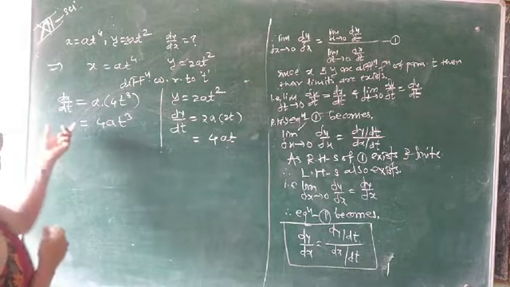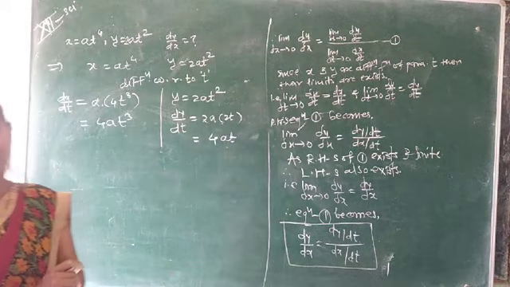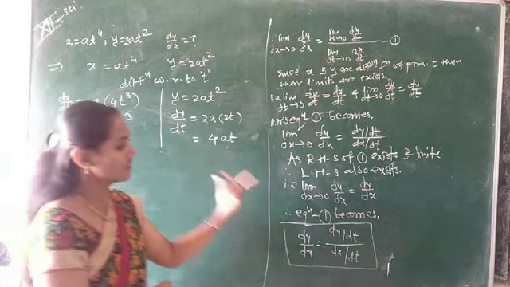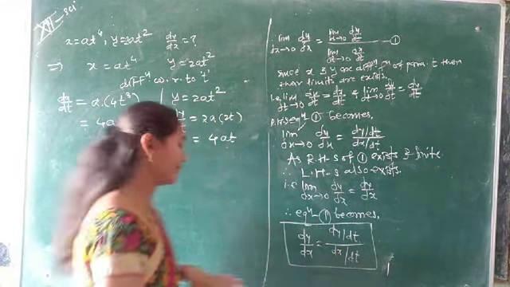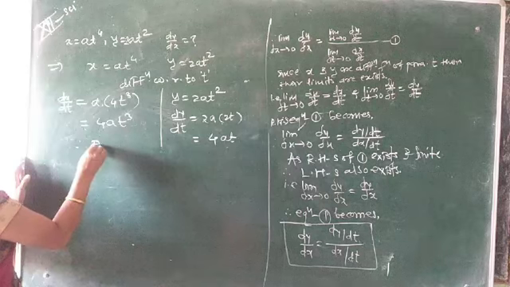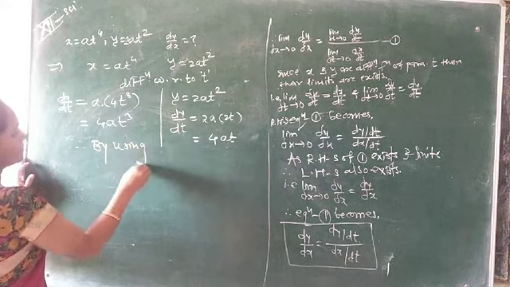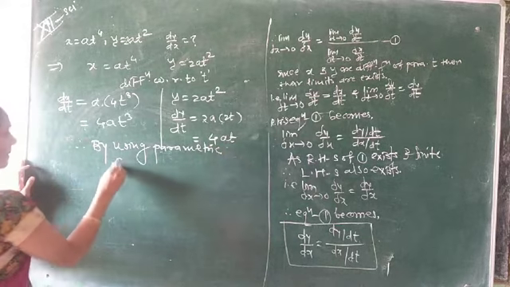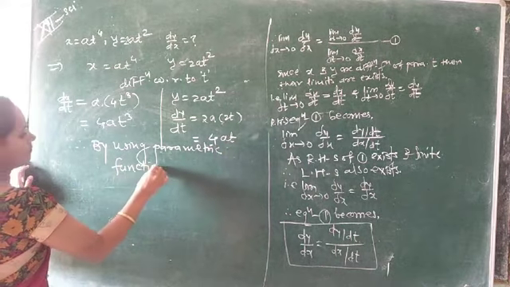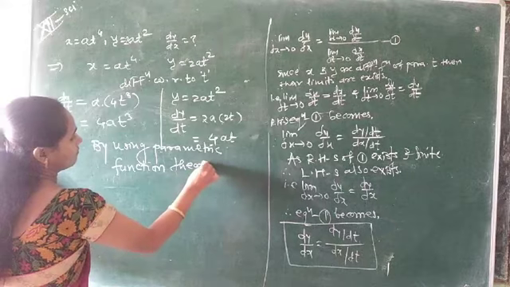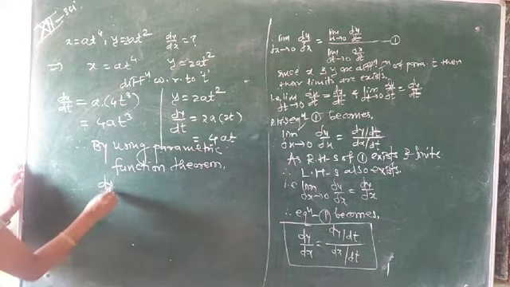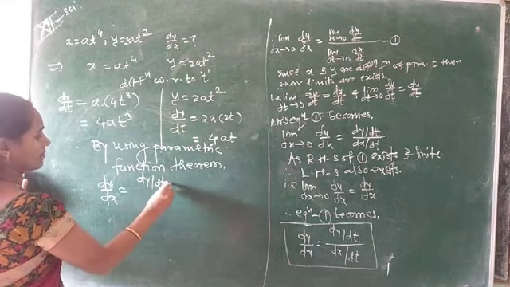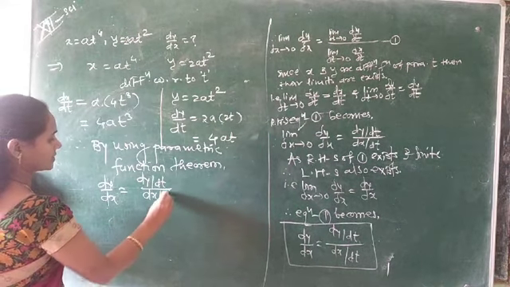Now here we get the values of dx upon dt and dy upon dt, and we have to find dy upon dx. So here we are using the parametric function theorem. Therefore, by using the parametric function theorem, dy upon dx is equal to dy upon dt divided by dx upon dt.